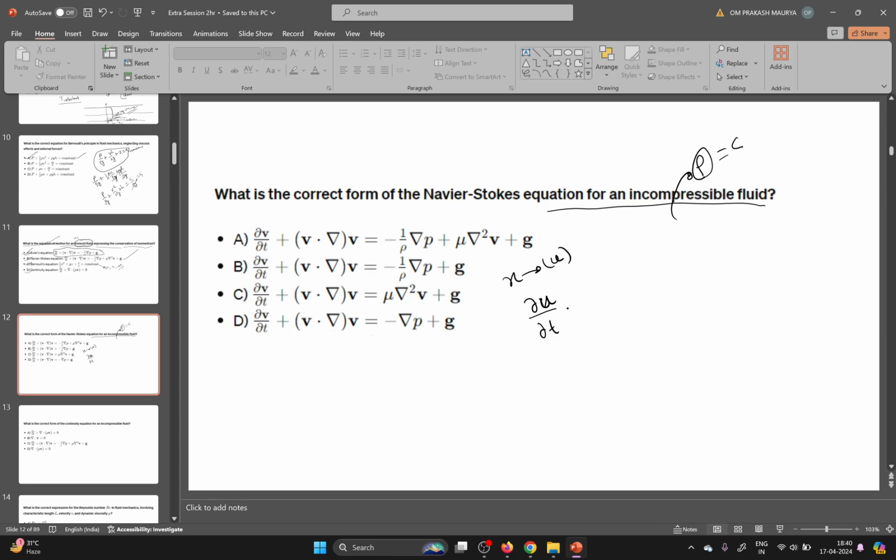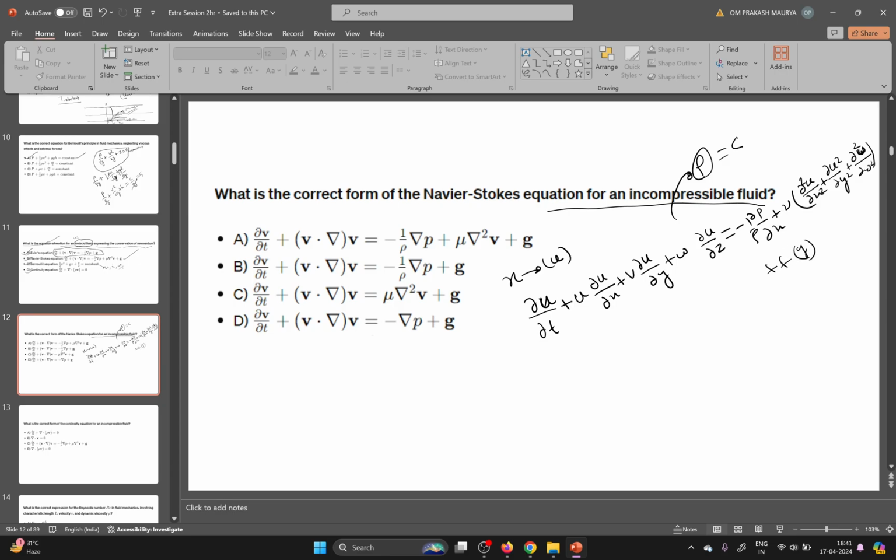So this is del u by del t plus u del u by del x plus v del u by del y plus w del u by del z equal to minus 1 by rho del p by del x plus mu times del u square by del x square plus del u square by del y square plus del u square by del z square, plus the gravitational force.